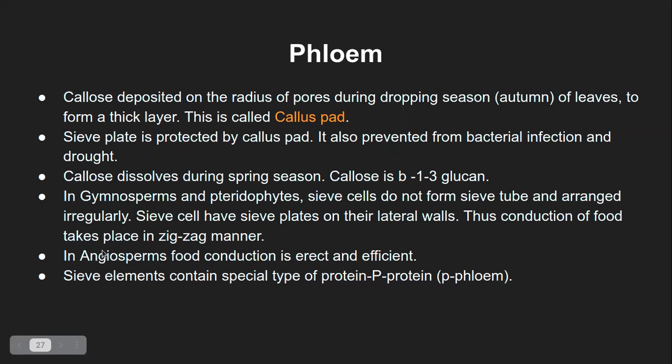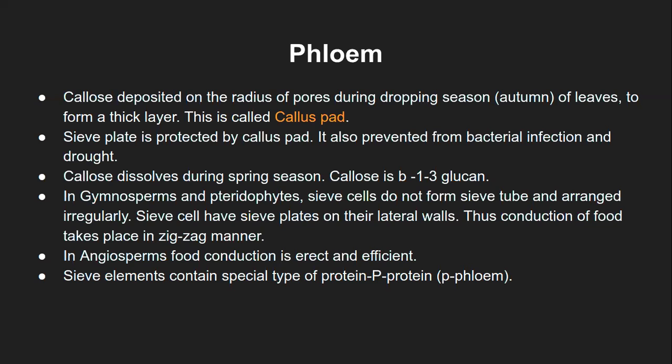In angiosperms, on the contrary, that is the flowering plants, the regular dicot flowering plants that you have, the food conduction is erect and efficient. Erect in the sense it happens in a straight way, from top to bottom, that is from leaf to the root part. It is very efficient because the path crossed by the food and water is short.